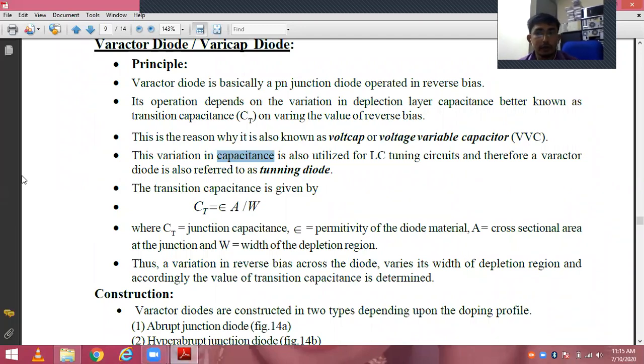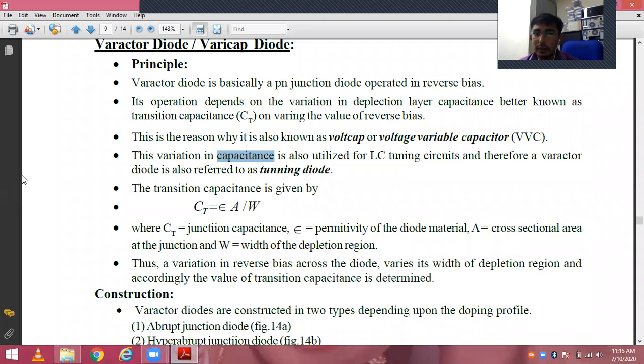So we know very well the definition of a capacitor: two conducting plates separated by dielectric material.